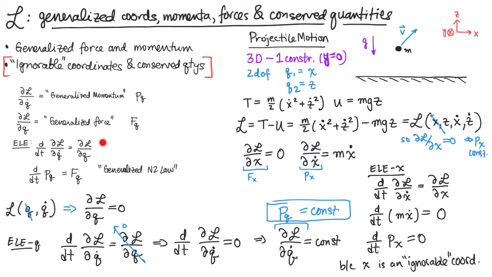We then see that the Euler-Lagrange equation is a generalized Newton's second law, which tells us the time derivative of a momentum is equal to a force in generalized terms. And then we found that if a coordinate is absent from the Lagrangian, then that generalized force is 0 and the associated momentum is conserved. Good. Hopefully this has given you some intuition into the connections between Newton's second law and Euler-Lagrange equations.